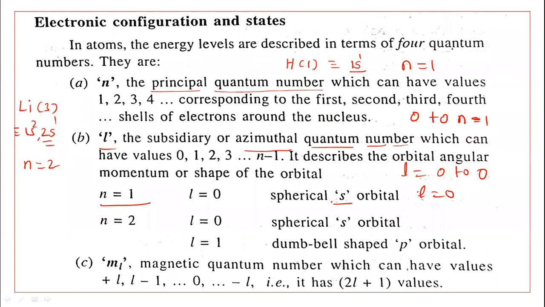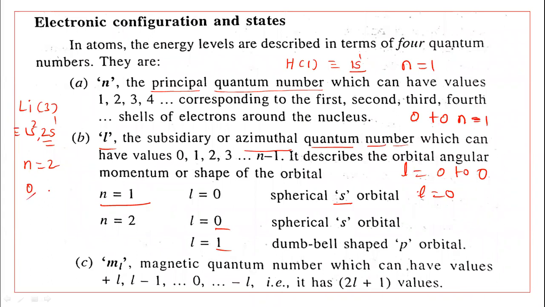Now for n equal to 2, what about the L values? For n equal to 2, you can see here L equal to 0 and 1. Two values are there. According to this, the azimuthal quantum number has values from 0 to n minus 1. So n equal to 2 here. 0 is of course one value.